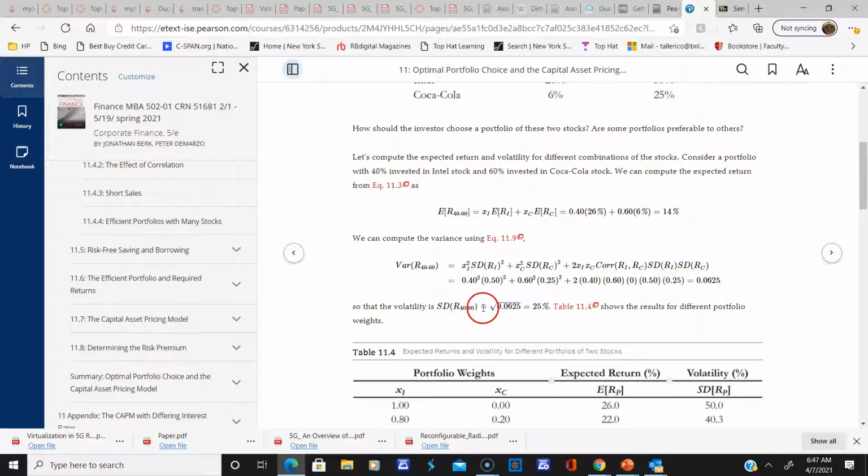Once you get the variance, we can simply take the square root, and we have the standard deviation. So the standard deviation, or volatility, is 25% in this case.